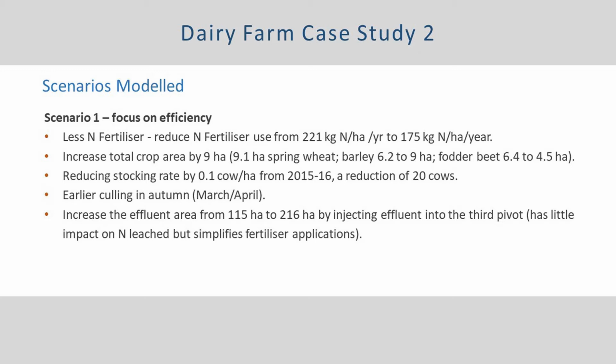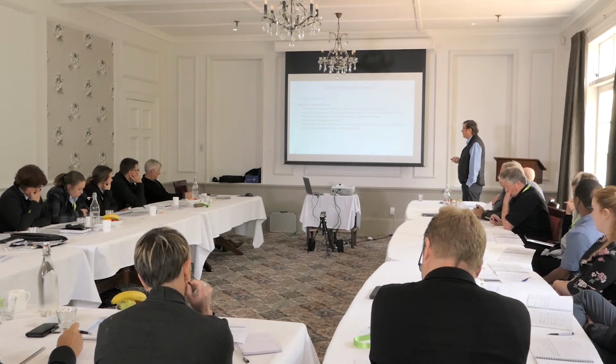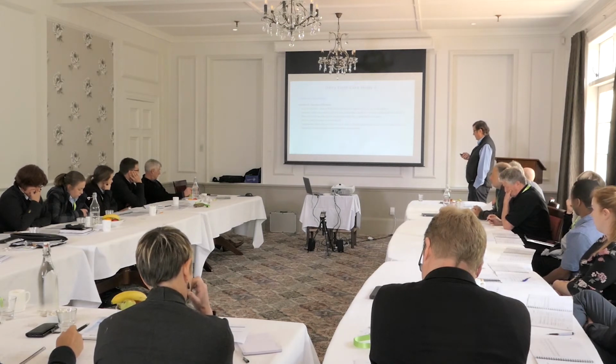So you had that sort of mix of cropping, which is important, but still only a relatively small proportion of the diet, if you like. Dropped our stocking rate a little bit, earlier culling, which helps your winter feeding situation. We increased the effluent area significantly, which has a big impact on nitrogen leaching. So that was scenario one.